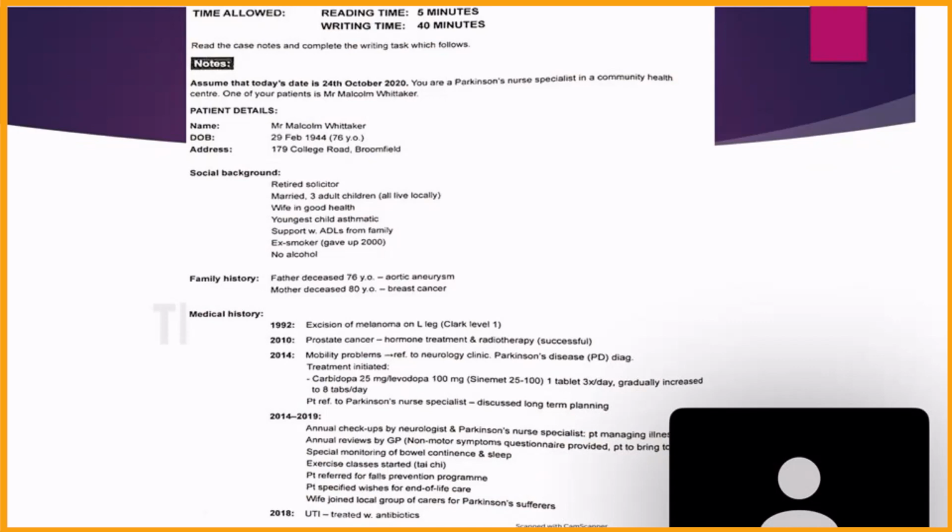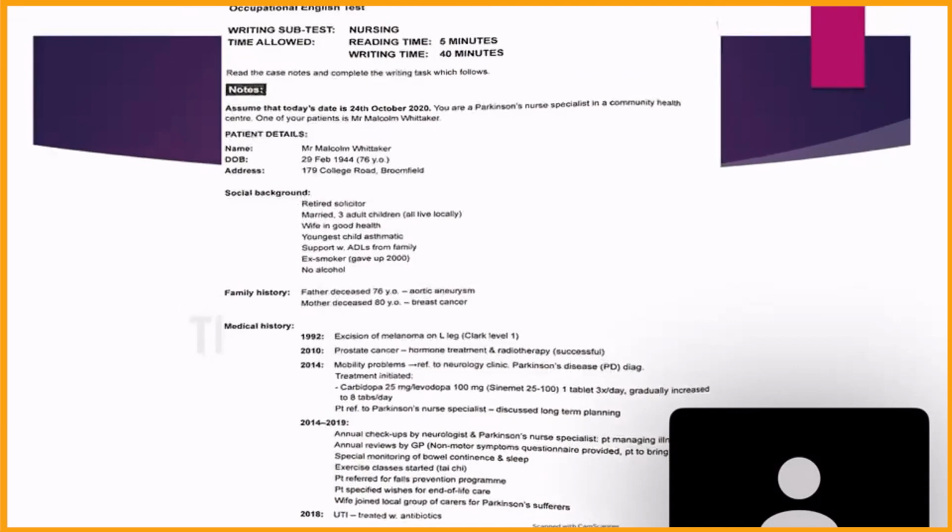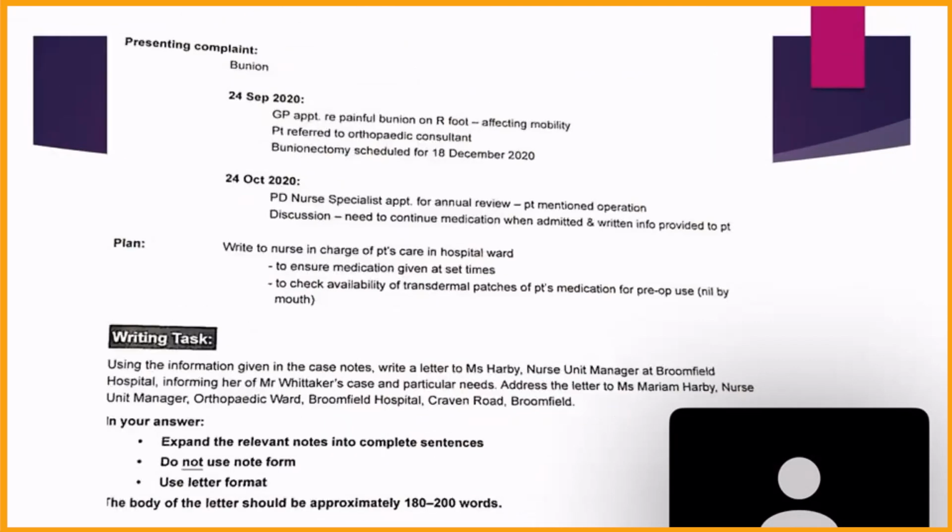But of course we have to begin from 2014, because that is when these mobility issues started showing. So mobility problems for which he was referred to a neurologist who diagnosed Parkinson's disease, and treatment was started. The medicines and everything have to be written. All important.